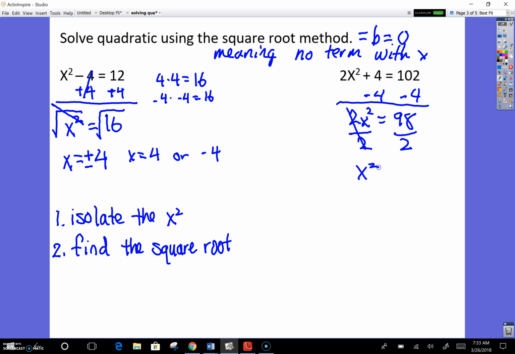X squared is equal to 49. Take the square root. So x is equal to plus or minus 7. Remember, two answers. So our answer here is x is equal to 7 or negative 7. What you're going to do now is try some on your own.